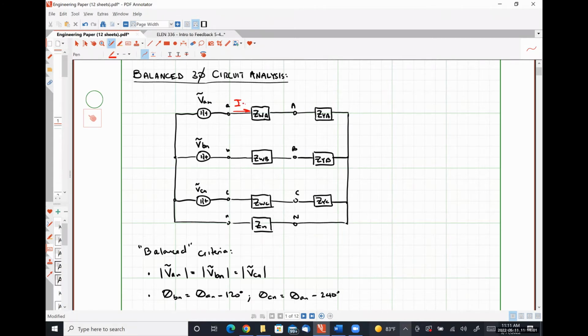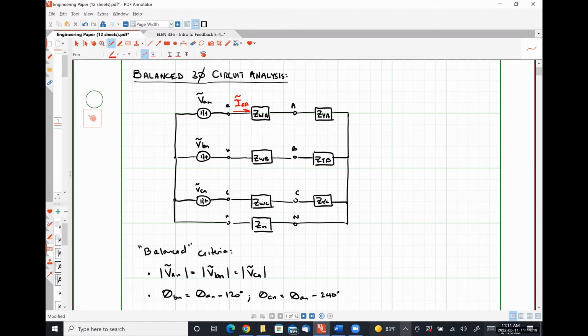So I have this guy, IAA, where I'm using, again, a double subscript notation. The current is traveling from terminal lowercase a to terminal uppercase a, which is why I have the subscripts in that order.